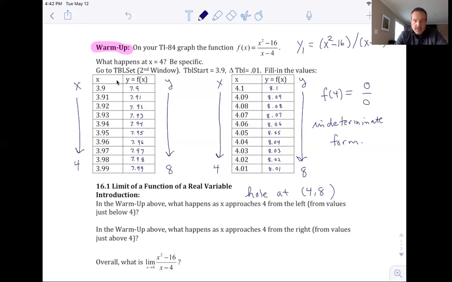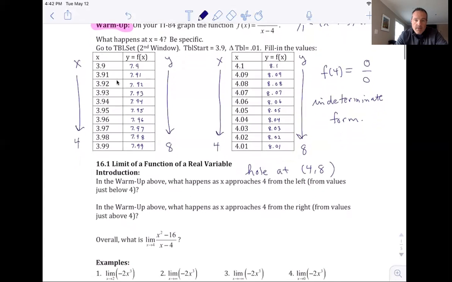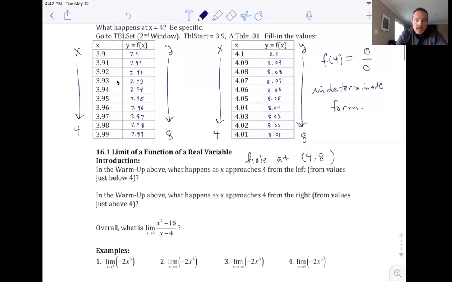So if I look at this introduction below, what happens as x approaches from the left? Well, we just said the y values get close to 8. So the limit is 8. Doesn't mean we never get there. We could get there, we just don't get there.